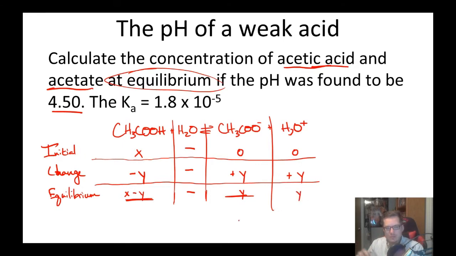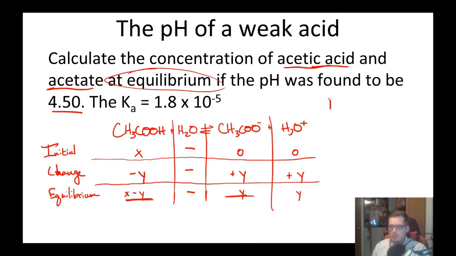So we've got two variables, not a lot to go on, and we have to come up with another way. Is there a way we could figure out one of those variables? For the X variable, we don't have anything to go on, because they didn't give us any initial concentration of acetic acid. But for the Y variable, we know Y is equal to the concentration of hydronium, and we also know the pH.